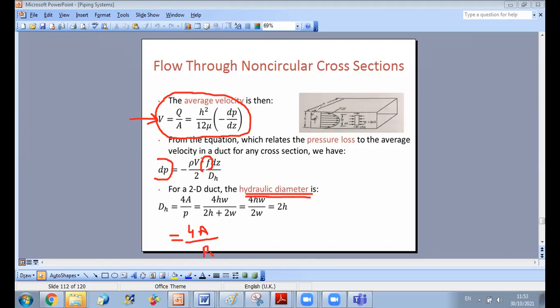In the case of a rectangular duct, the area is H times W, while the wetted perimeter is the contour of the duct, which is 2W plus 2H. But since we said that in this case the width W is much larger than H, here you can consider that 2H is negligible compared to 2W. And W is much larger than H.